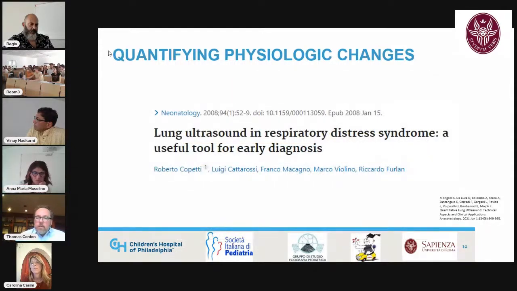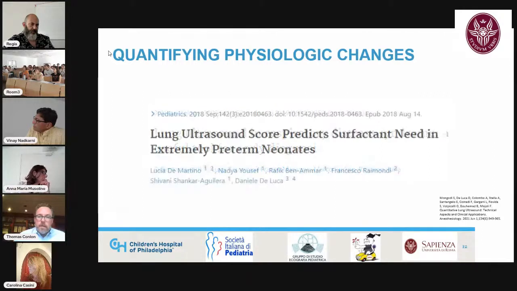The neonatal literature has really shown us how we can use ultrasound to not only make a diagnosis, like here in respiratory distress syndrome with a paper published in 2008, but also predict the need for therapies in certain subpopulations, like they did with the need for surfactant in that patient population in this Pediatrics manuscript in 2018.